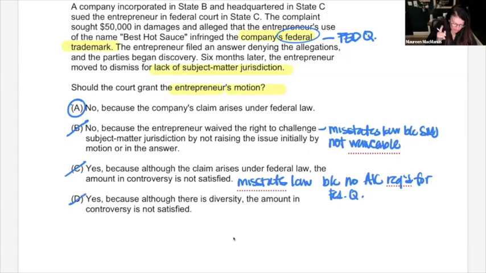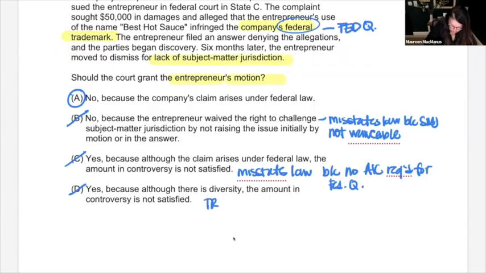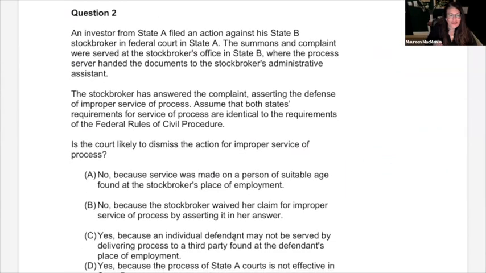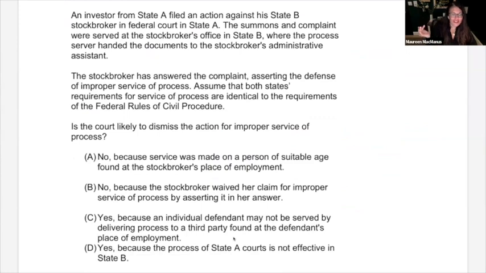So this is something you've got to watch out for. This is true, but it's irrelevant because we have a federal question. Okay. And now that's that question. Now we're going to look at one more question in this category.